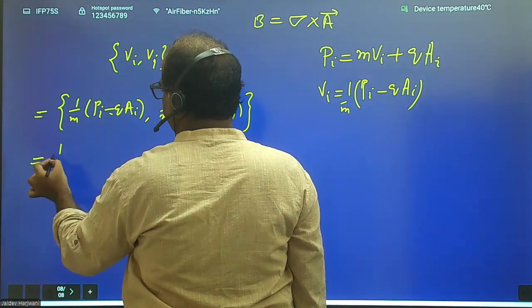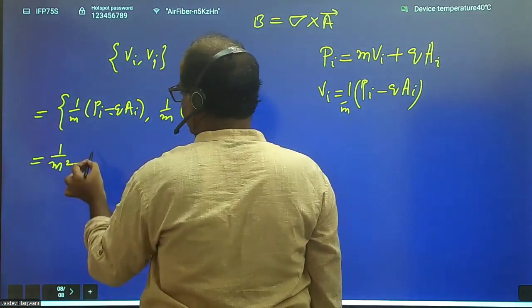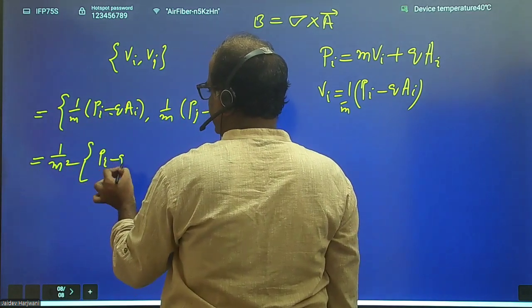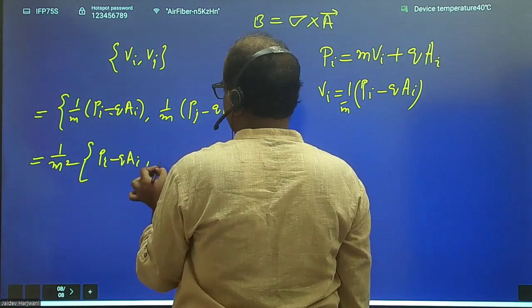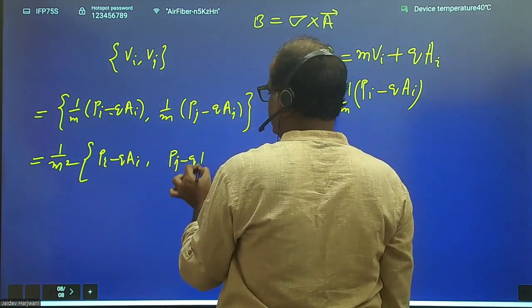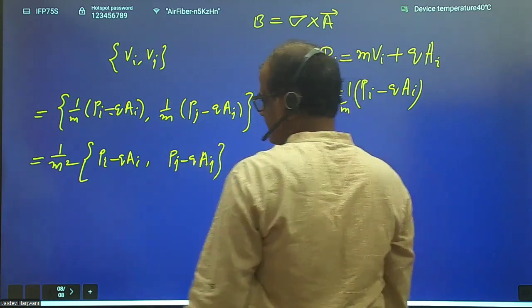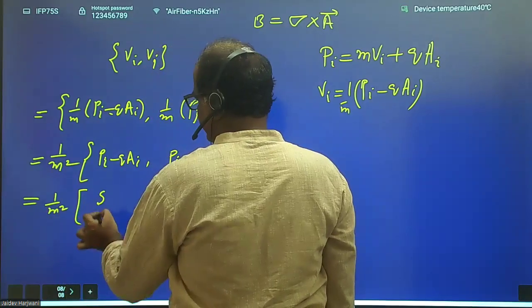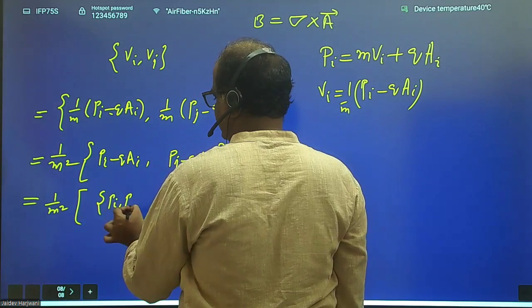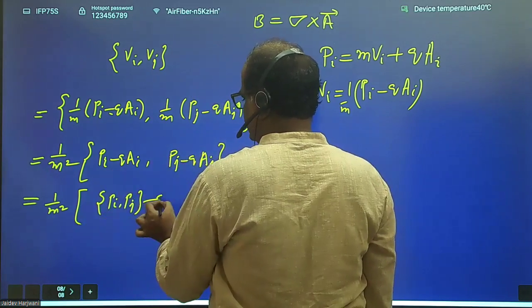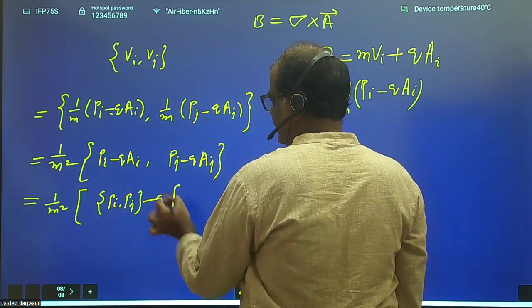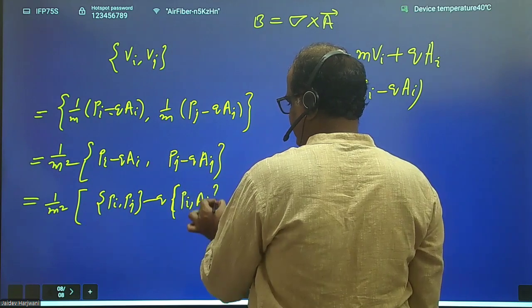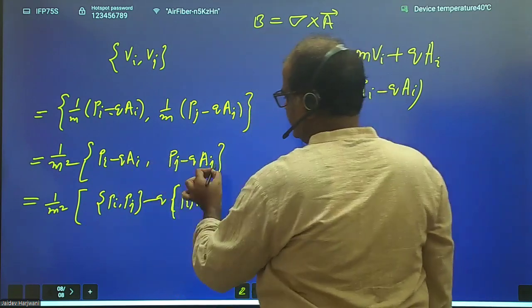So this will become 1 upon m square, the Poisson bracket of (pi minus q ai), (pj minus q aj). Let me simplify it further. So now this can be written as the Poisson bracket of pi, pj, minus q times the Poisson bracket of pi, aj.